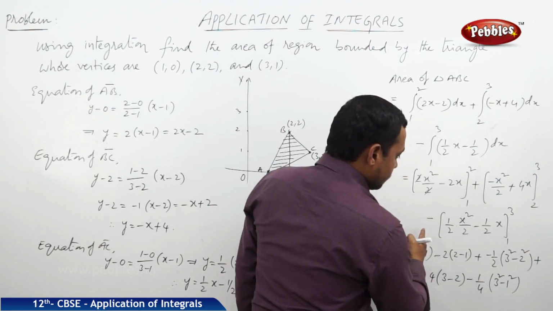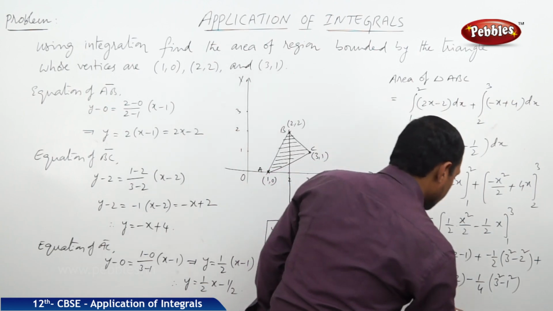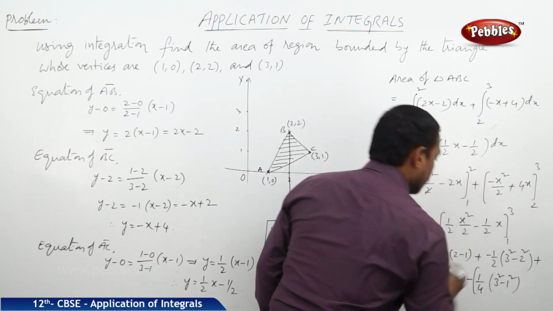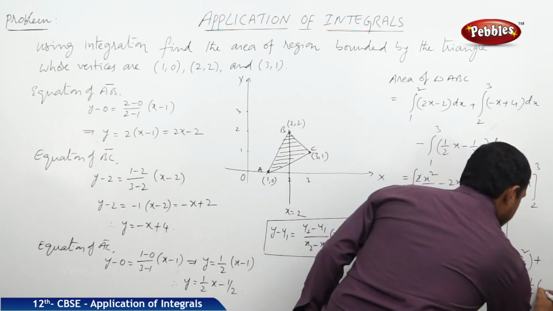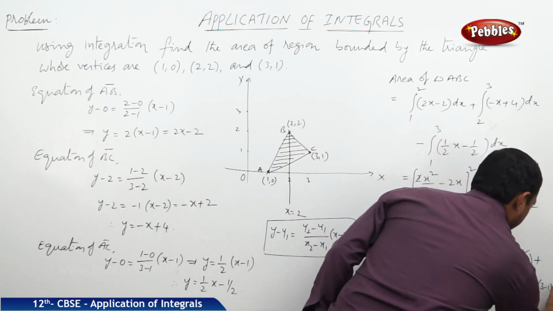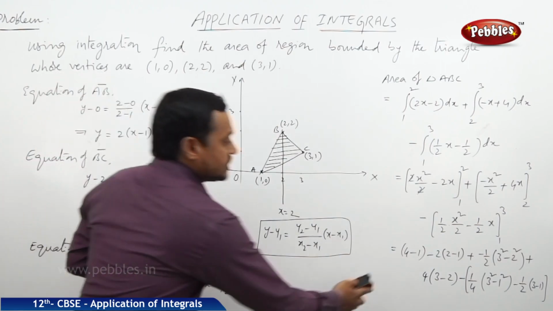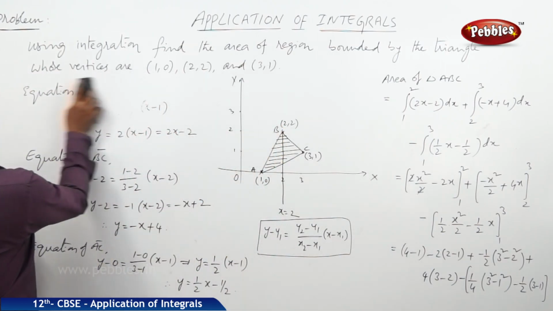The next one is minus of minus 1 by 2 into x, that is 3 minus 1. Let us simplify here.